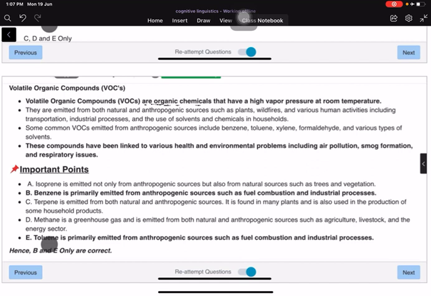VOCs are organic chemicals that have a high vapor pressure at room temperature. They are emitted from both natural and anthropogenic sources such as plants, wildfires, and various human activities, including transportation, industrial processes, and the use of solvents and chemicals in households. Anthropogenic sources.